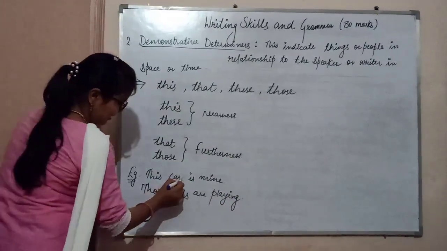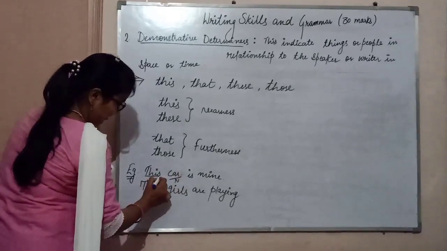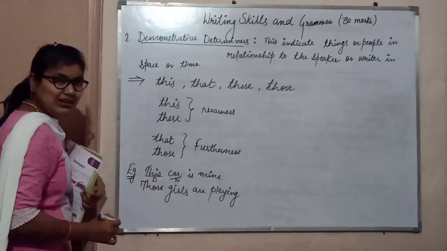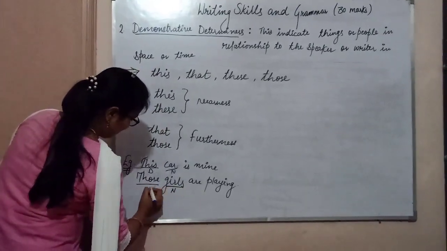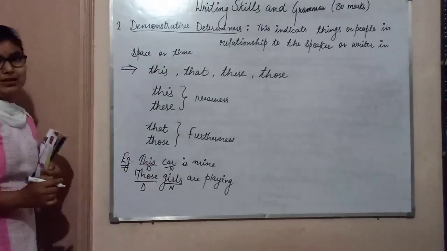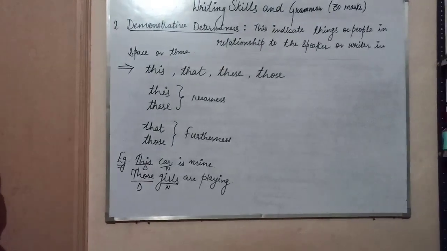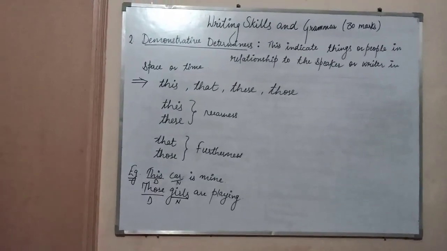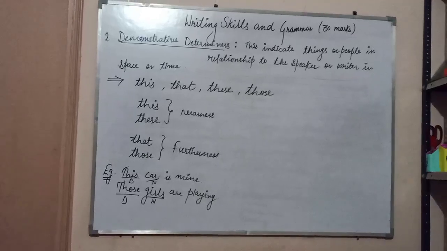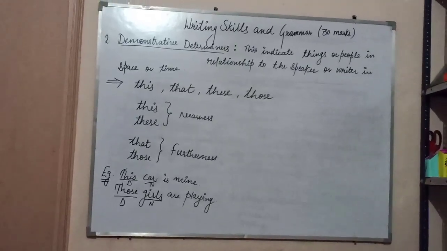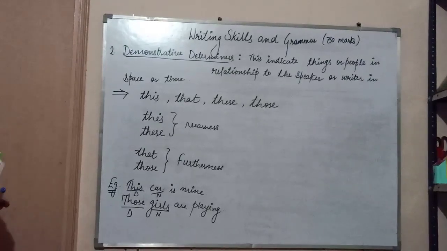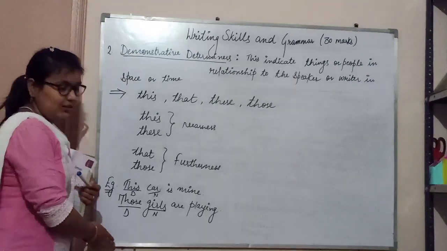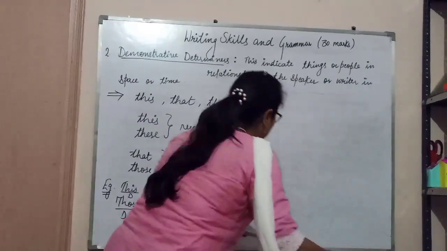Here, car is a noun and this is a determiner. And here, girls are the nouns and those is a determiner. Written? Let me go on to the third one.